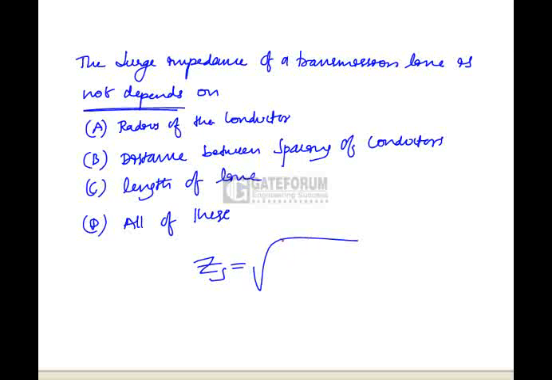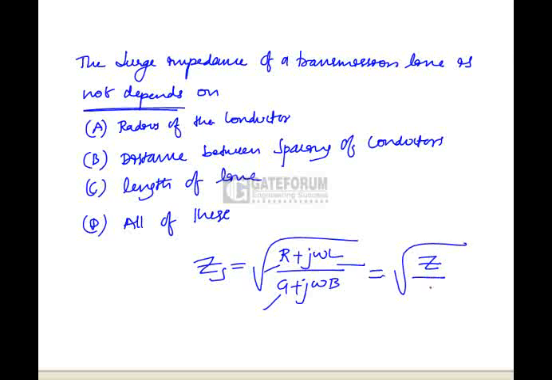Now what is surge impedance for a practical transmission line? This is the square root of (R plus j omega L) by (G plus j omega C). Now surge impedance depends on resistance, inductance, and admittance. So this can also be written as the square root of Z by Y. So these two options, A and B, we can directly eliminate.